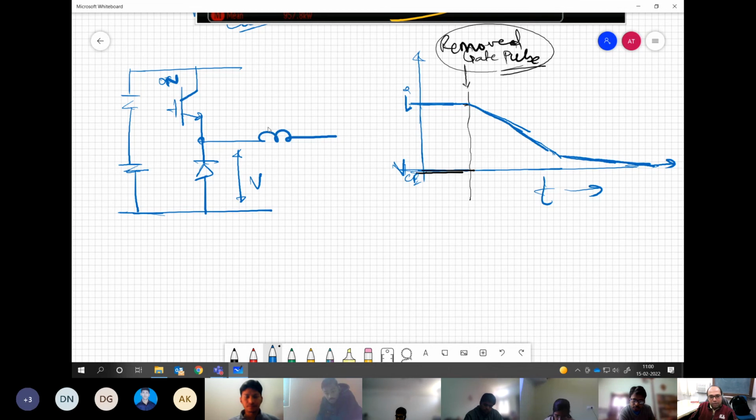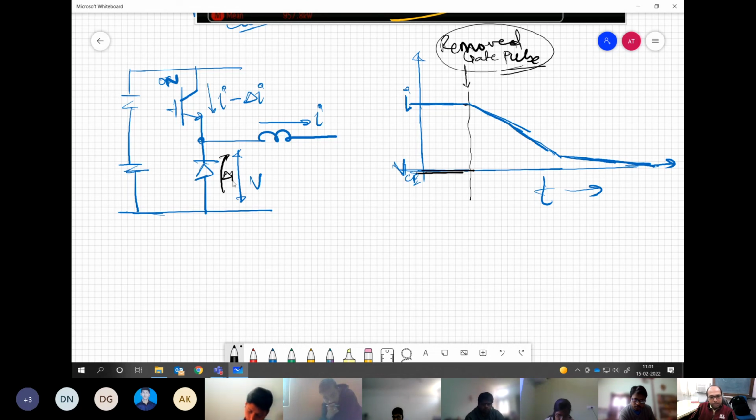Now again, we know that in every situation KVL and KCL are going to be satisfied. So here, if current I was flowing here, that was going out, the moment we have removed the gate pulse, this will reduce by, let's say, some delta I. Now where is that delta I going to come from? It is going to come from the diode.